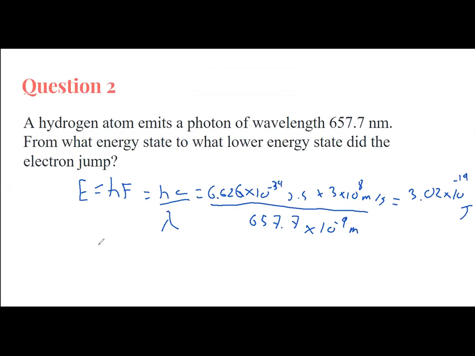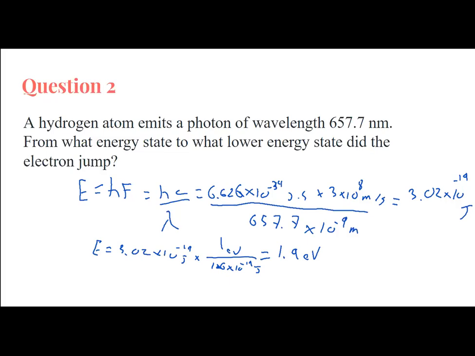If you convert that to electron volts, 3 times 10 to the -19 divided by 1.6 times 10 to the -19 joules per electron volt, that should get you about 1.9 electron volts, roughly.